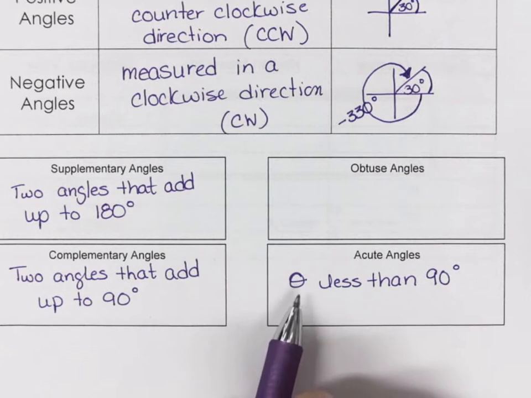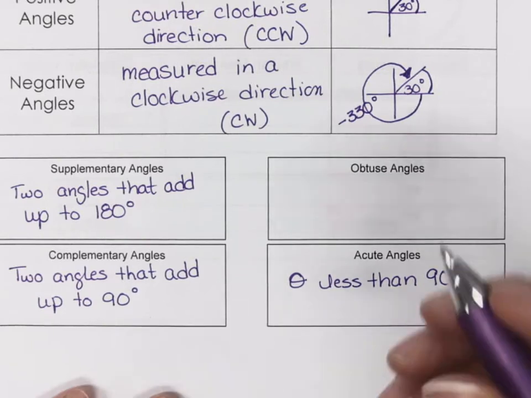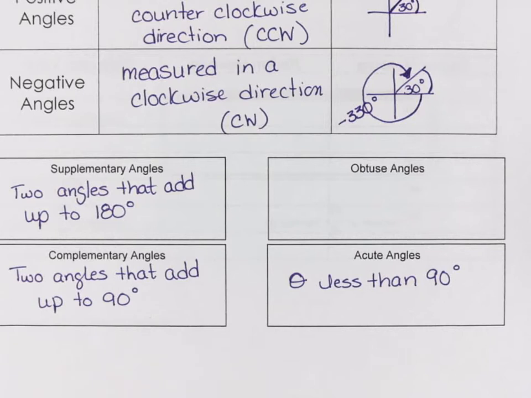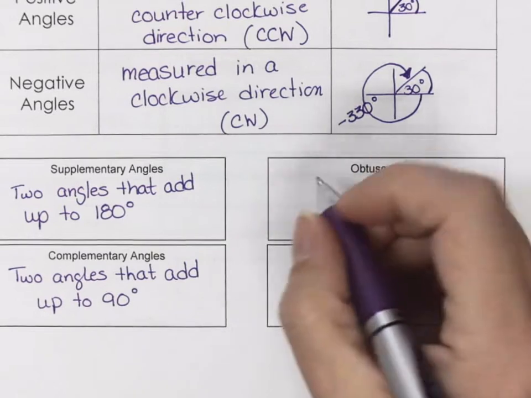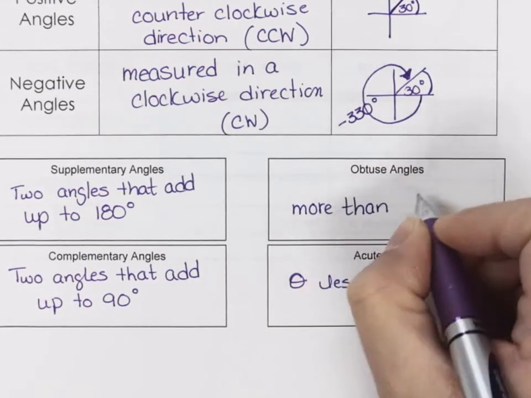And I'm using the Greek letter theta here, and that's kind of a known replacement for just the variable for angles, if you want to write the word angle in there. Okay, is it equal to 90? What are 90-degree angles called? Right angles. So those are very specific, right? So acute has to be less than 90. Obtuse is more than 90, but yes.